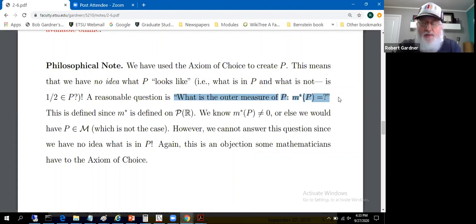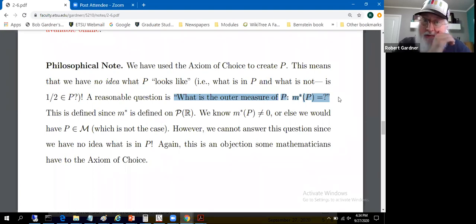I don't want to delve into too many details, but you give me an epsilon greater than 0, and I bet I could make the outer measure of P less than epsilon by having the choice function behave in a certain way. We can make these outer measures small. You can't make it 0, but I bet I can make it small. I bet I can make it close to 1 as well. I don't think I can make it equal to 1. I'd have to think on that.